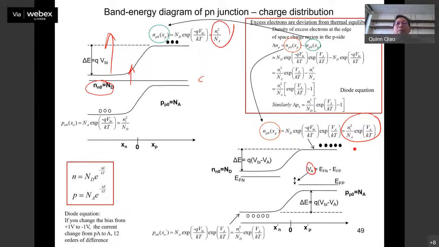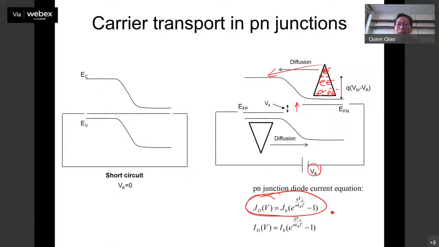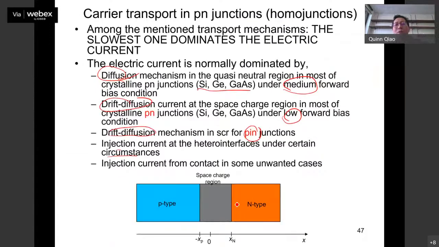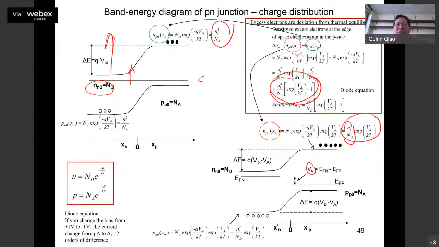Because when my diode opens, my actual charge is what I get after I add bias, more electrons, minus the current I had earlier, right? That is why this one minus that is equal to here. You take this one out, that's EXP VA over KT minus 1, right? This is exactly the same thing as the diode current, okay? That's actually how you derive the equation for the diode, okay?